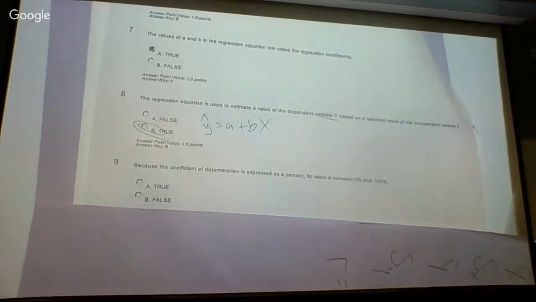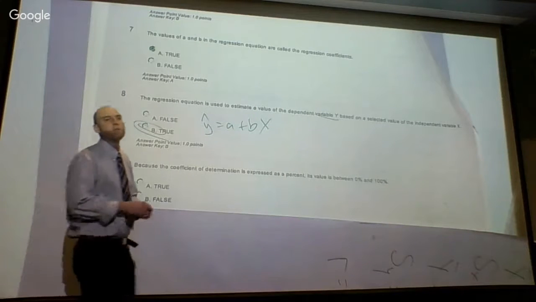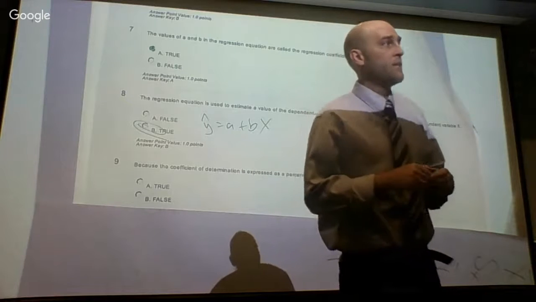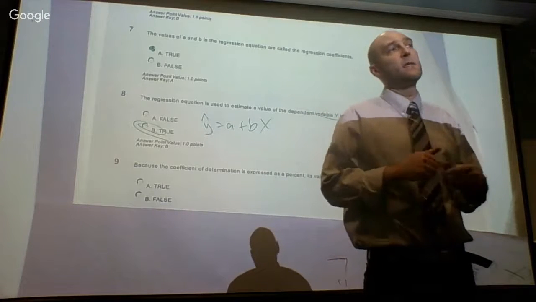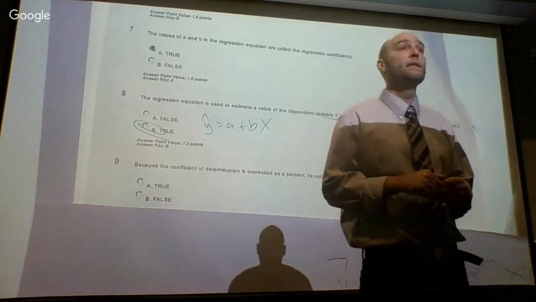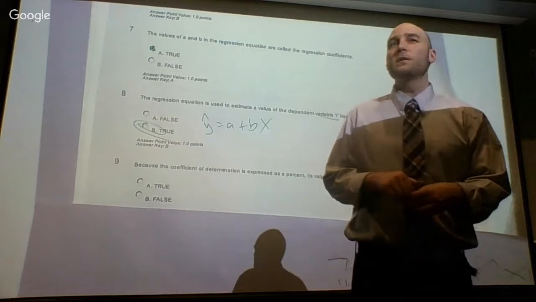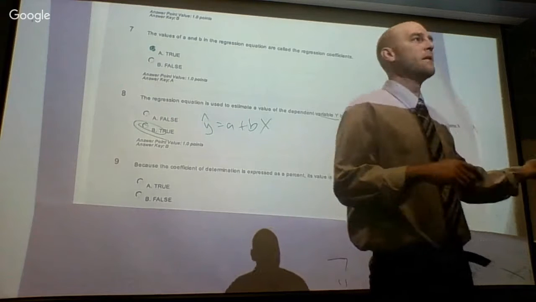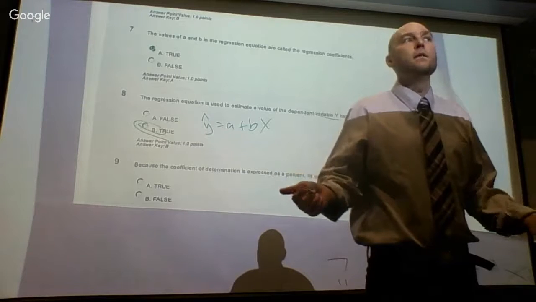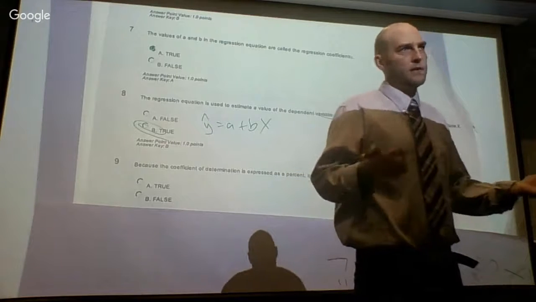Number 9. Because the coefficient of determination is expressed as a percent, its value is between 0% and 100%. R squared is the proportion of variance in Y explained by X. When you take a value R, which ranges from -1 to +1, and you square it, you always end up with a positive result.